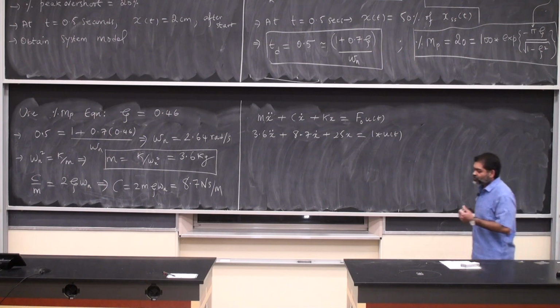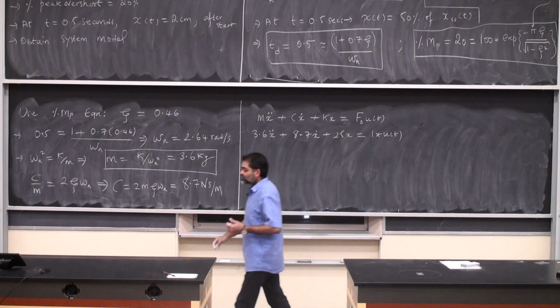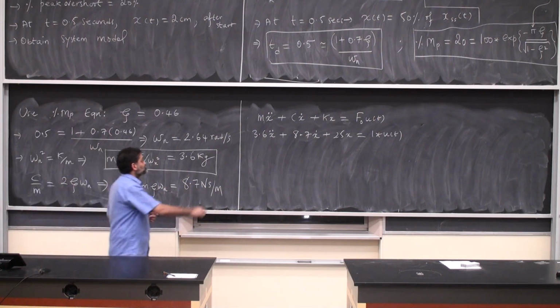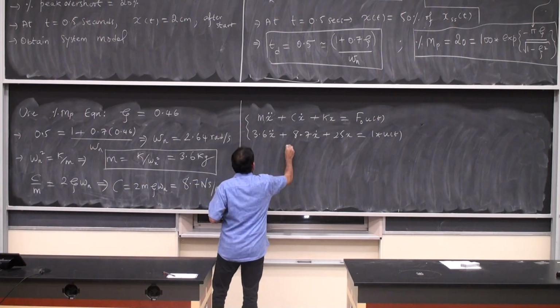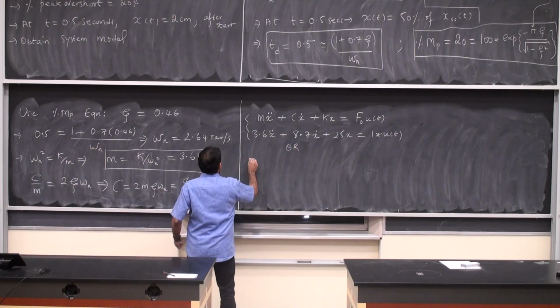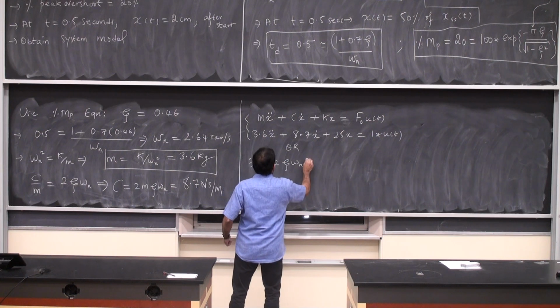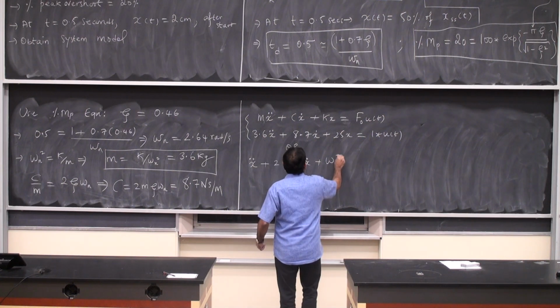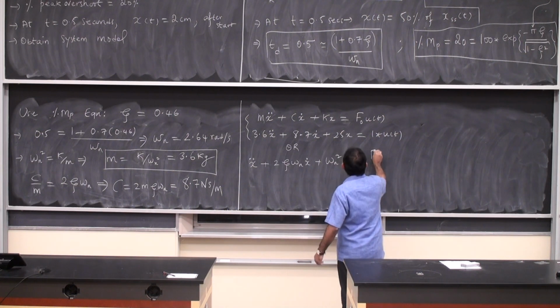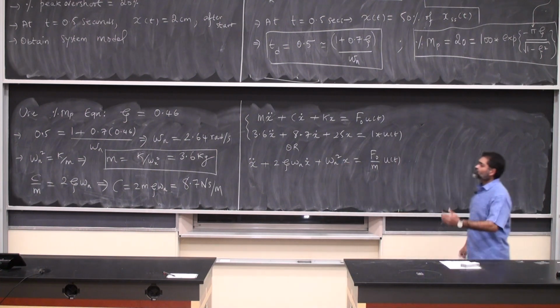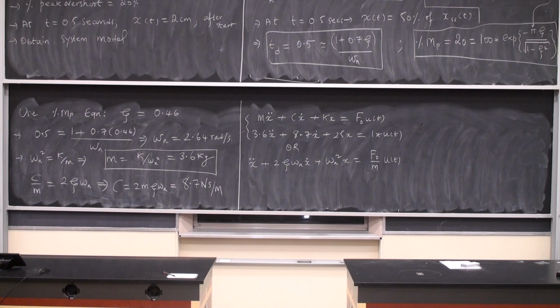The other way is by just dividing through by the mass and writing it in terms of zetas and omega n's. So the other way, x double dot plus 2 zeta omega n x dot plus omega n square x is f naught by m, u of t, divided through by the mass. Substitute.